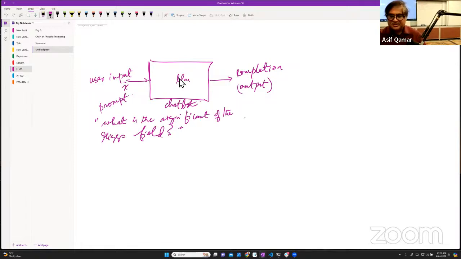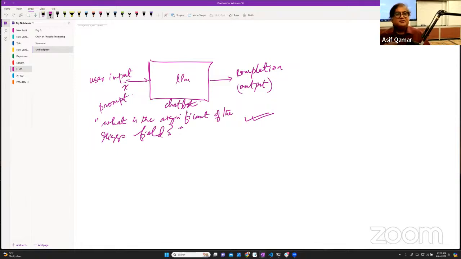So this question, it would probably answer very well. You could go to any of the chatbots, whether it is Gemini or OpenAI or Anthropic, and you should get a pretty good answer to this question.